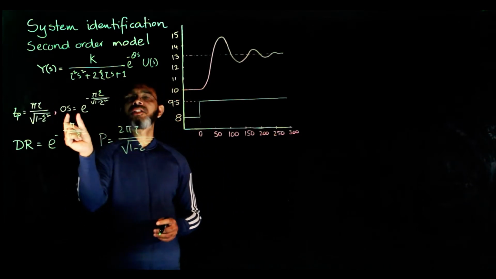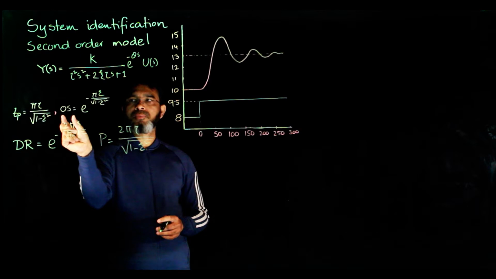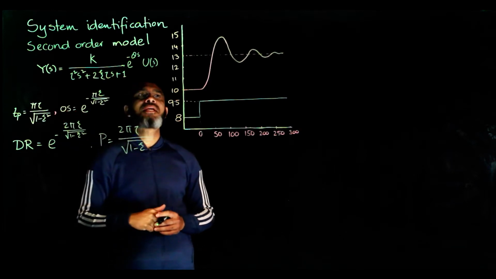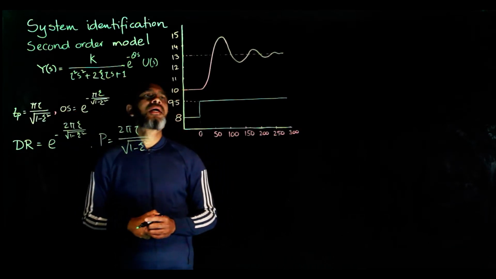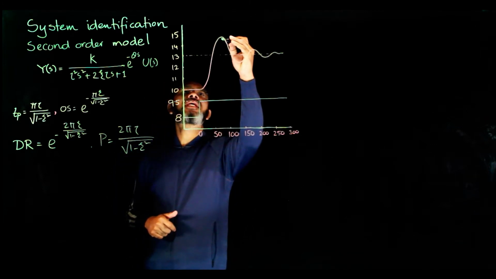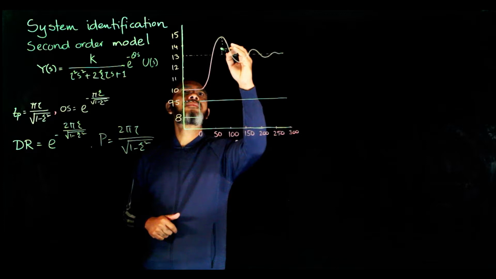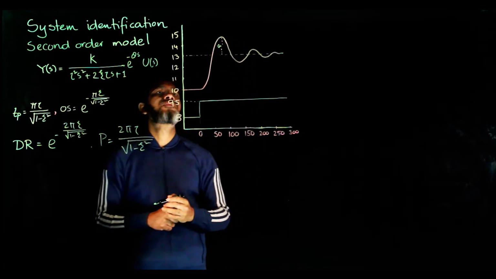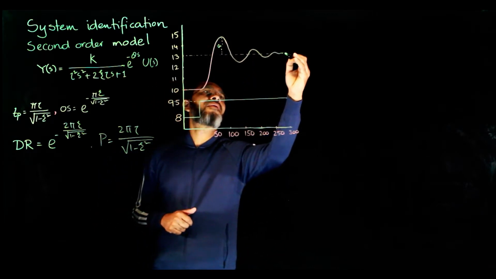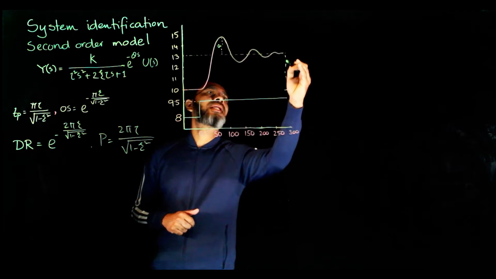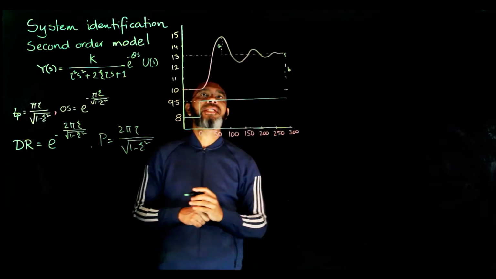The second relation is the overshoot, which is given as the ratio between A and the final steady value that the response reaches.